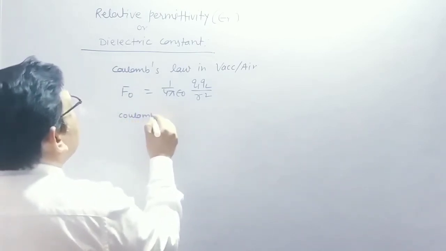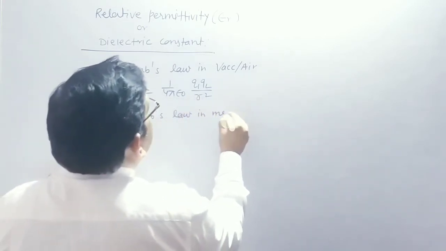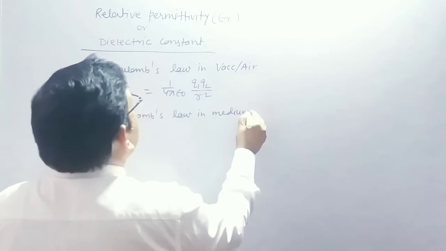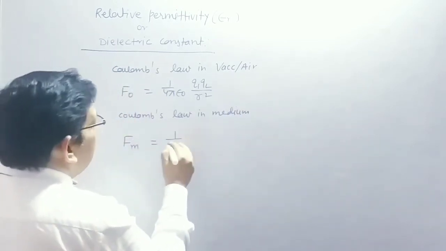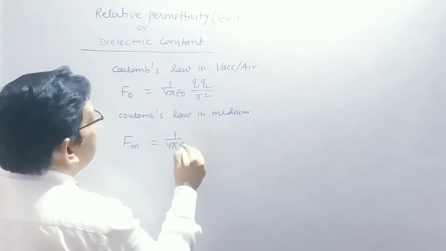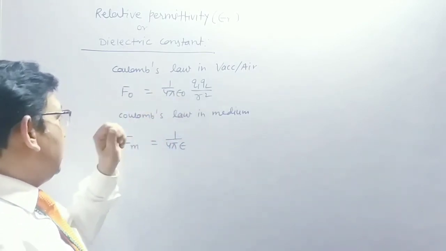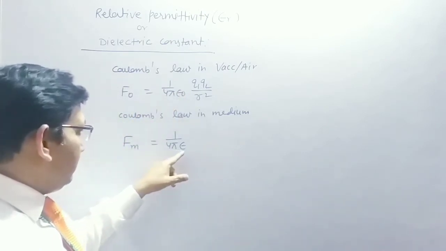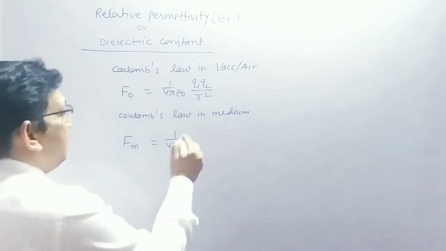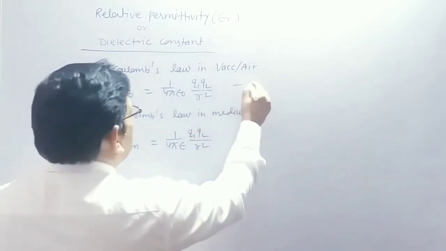Now take Coulomb's law in medium. It can be written as force in medium equals 1 by 4 pi epsilon q1 q2 by r square. Here we take only epsilon, not epsilon naught, since epsilon naught is for vacuum. This is equation number 2, and the previous one is equation number 1.